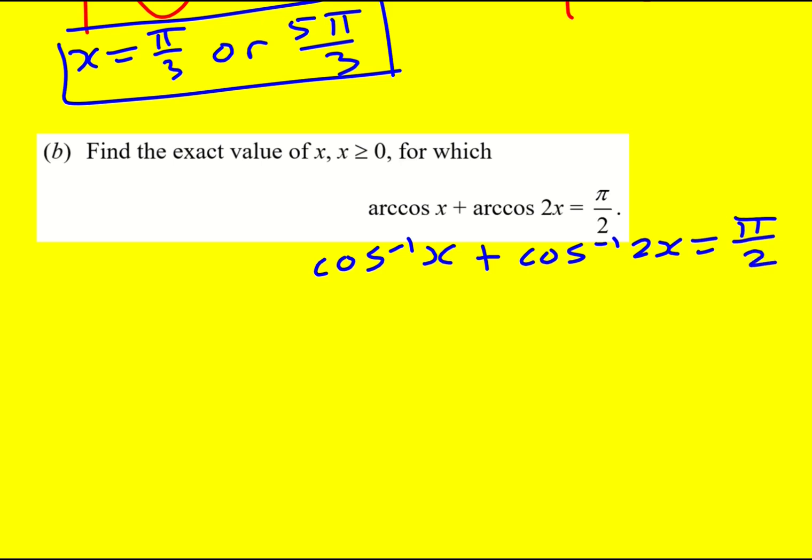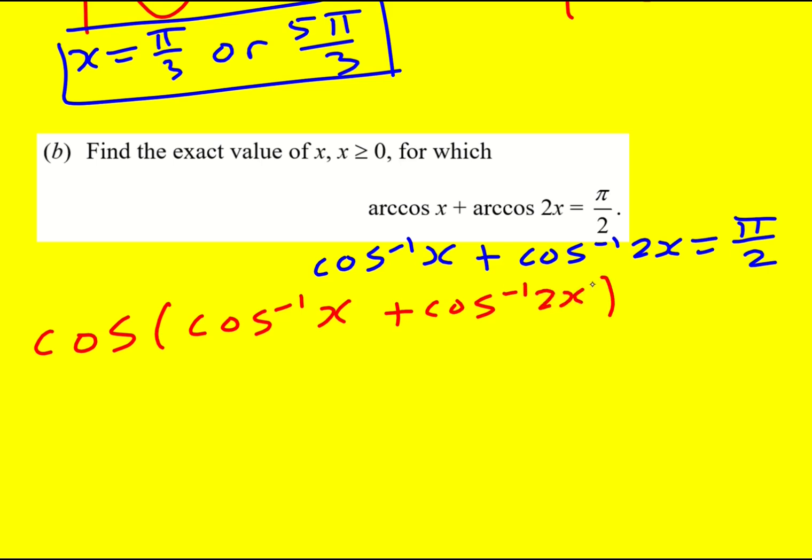Now this is a bit awkward. How do we deal with this? Well, remember we can do the same thing to both sides, and to get rid of inverse cos, we're going to need to take cos of both sides. But you can't just do a cos to this and a cos to this. That's not how it works.